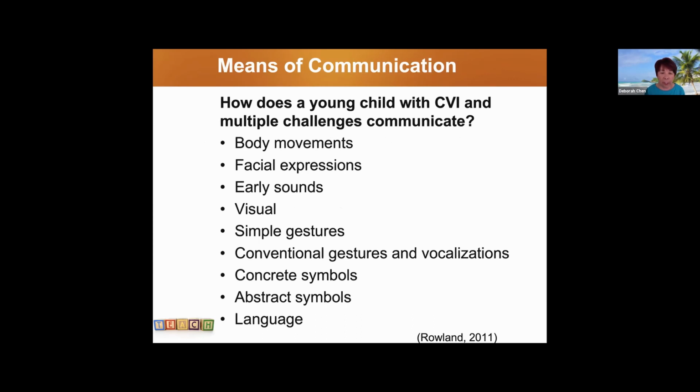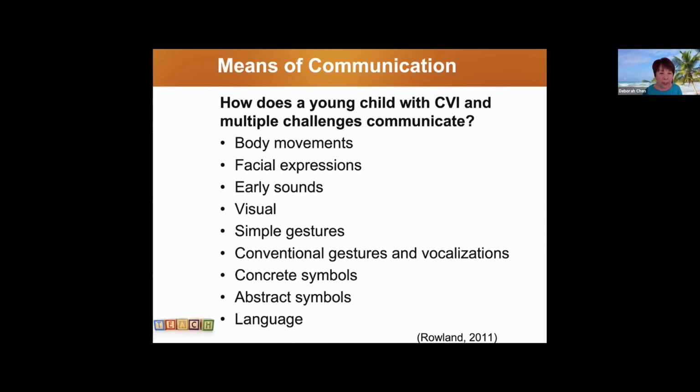If the child has vision, does the child look at something or look away? Does the child use simple gestures like patting an object or moving an adult's hand towards the desired object? Or conventional gestures like pointing, reaching, waving goodbye, or vocalizations like uh-oh or uh-uh.